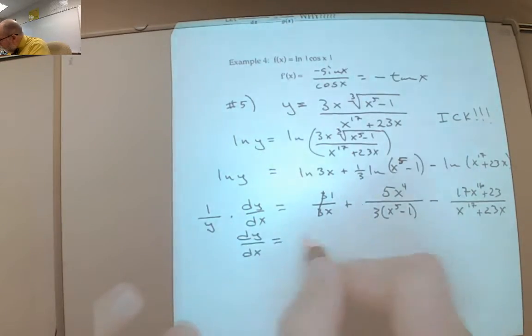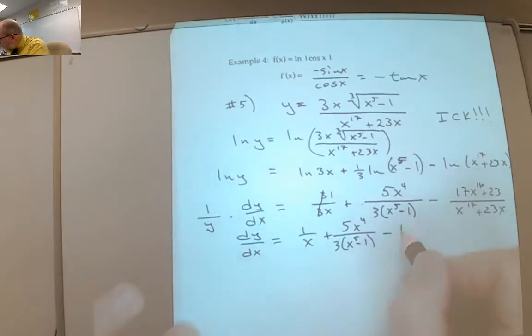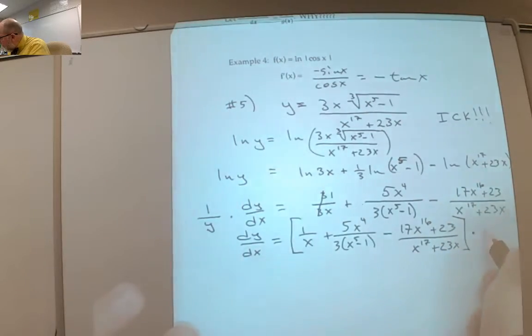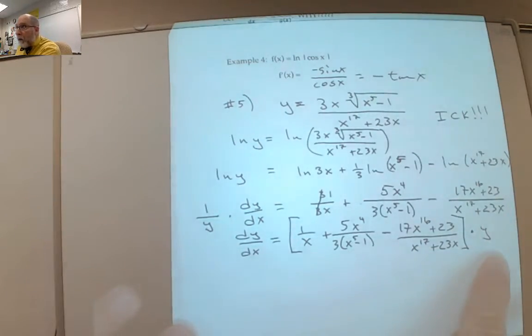And over here I'm going to have 1 over x plus 5x to the 4th over 3 times x to the 5th minus 1 minus 17x to the 16th plus 23 over x to the 17th plus 23x that Logan did. I'm going to put them in these brackets, and I'm going to multiply it by y. I multiplied this side by y, I multiply that side by y. Are we okay with that step?